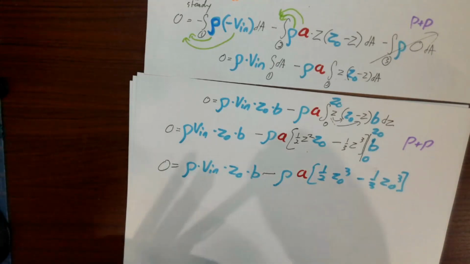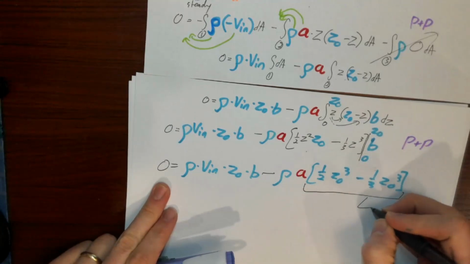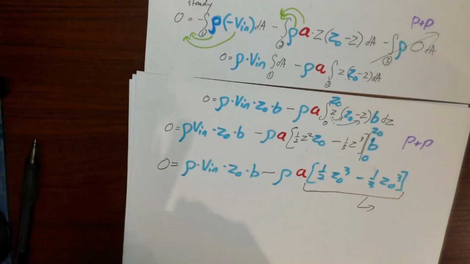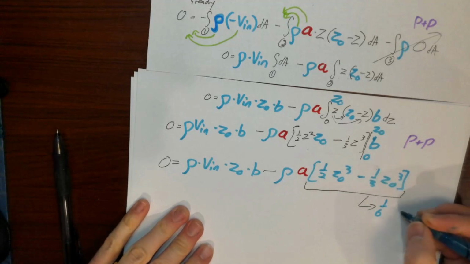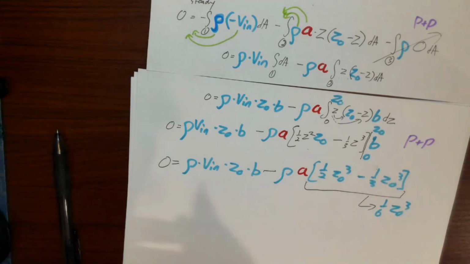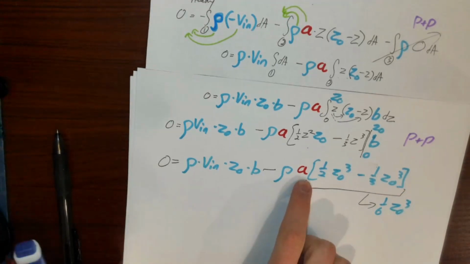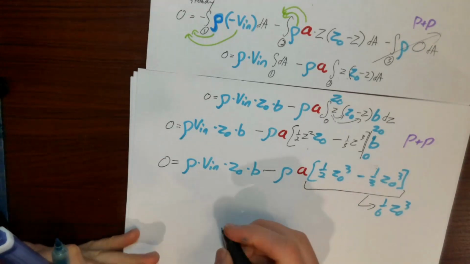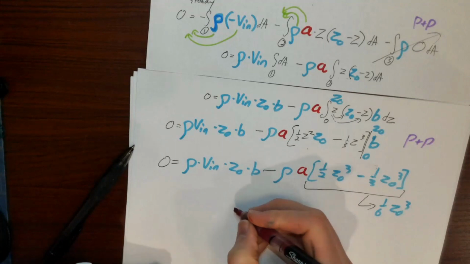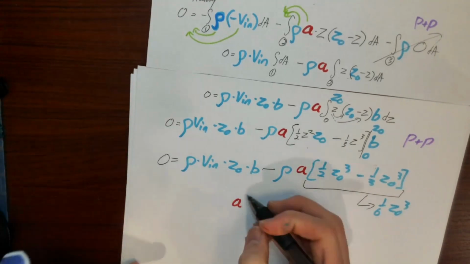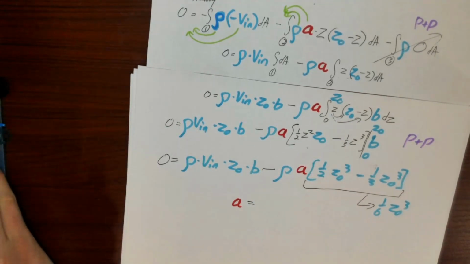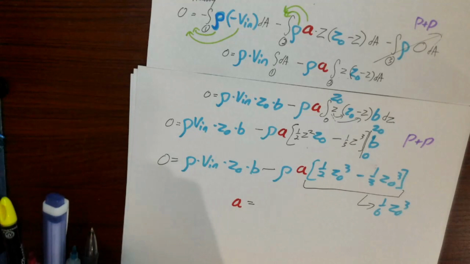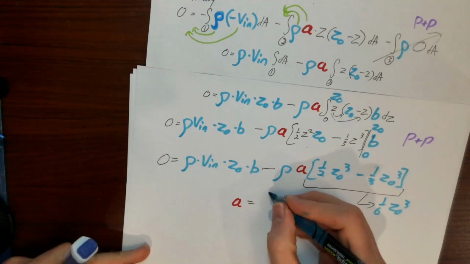And this whole bit right here then becomes 1/6 z_0 cubed. So we can take this equation and solve it for a, and we end up with a equals 6 v_in over z_0 squared.